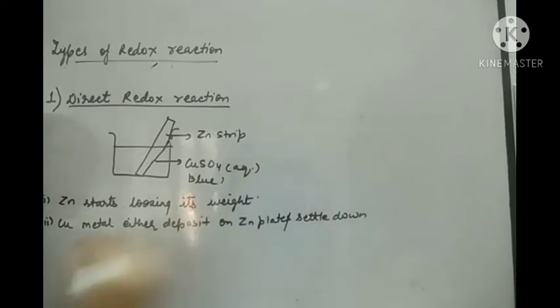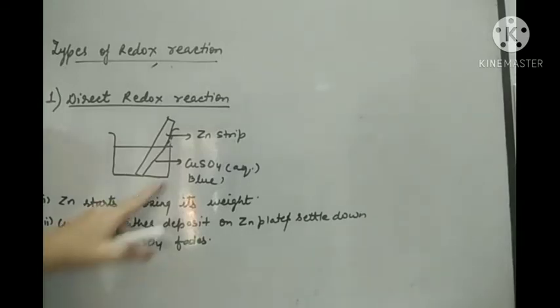And what will happen because of this? Color of copper sulfate fades. So we'll find two things here. First, the zinc rod will become gradually thin, and the copper metal starts depositing at the bottom of the container or on the zinc plate itself. And as a result of this, the color of copper sulfate fades away.